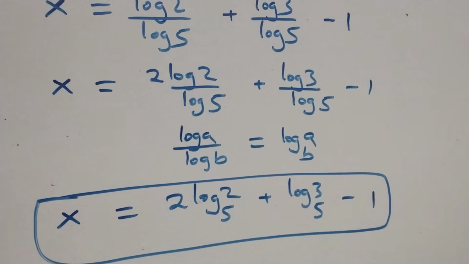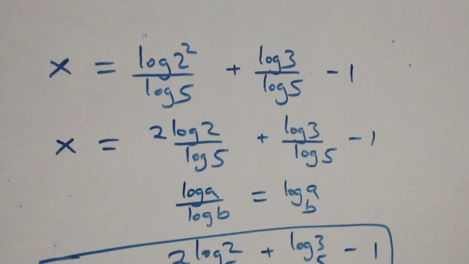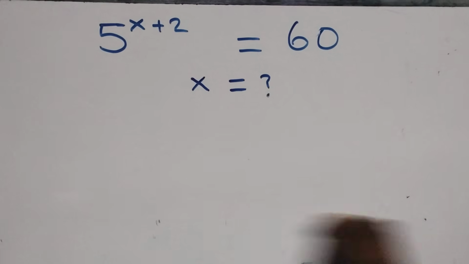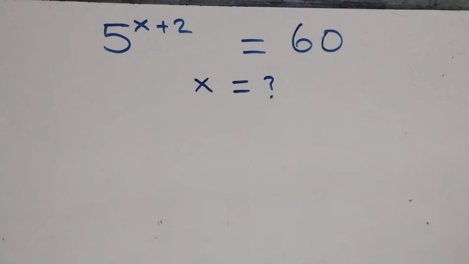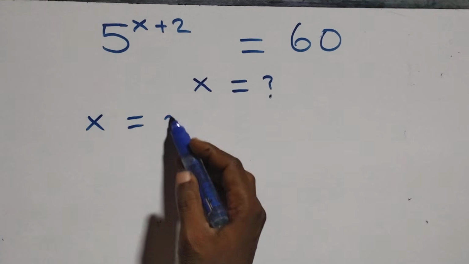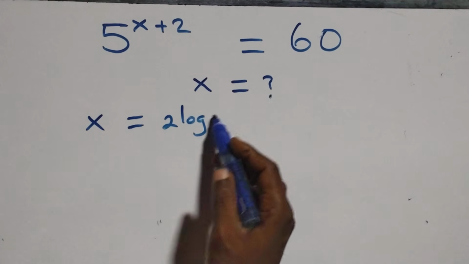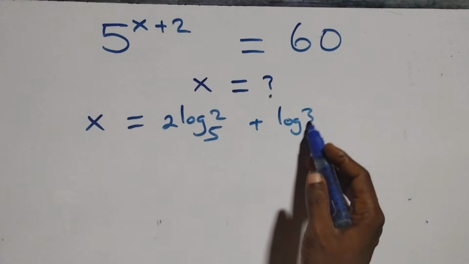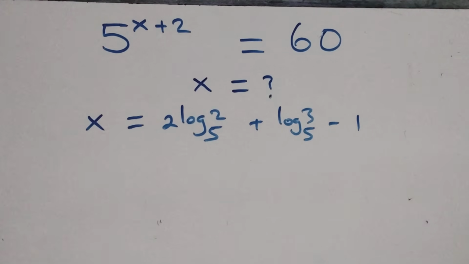Then let's check if it satisfies this given problem. Like this, substitute the value of x here, which is x equals 2 log 2 base 5 plus log 3 base 5 minus 1.